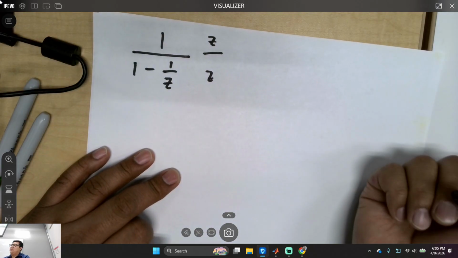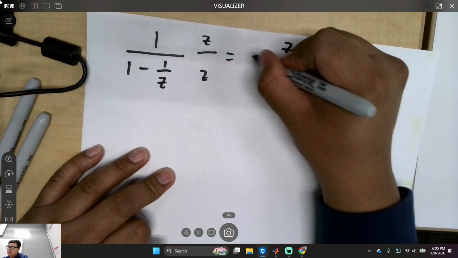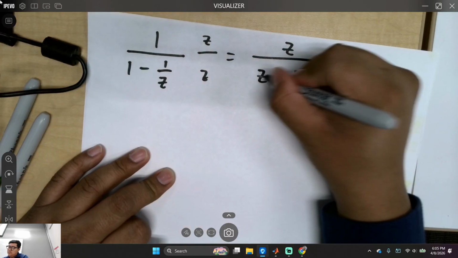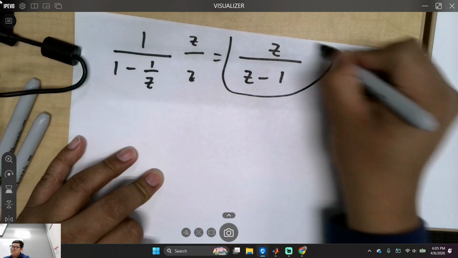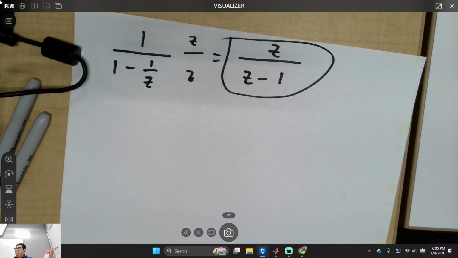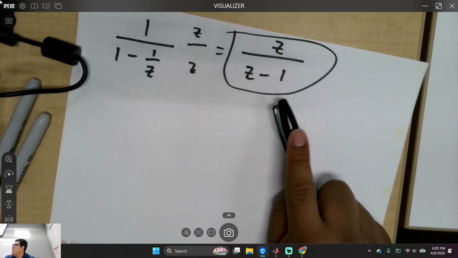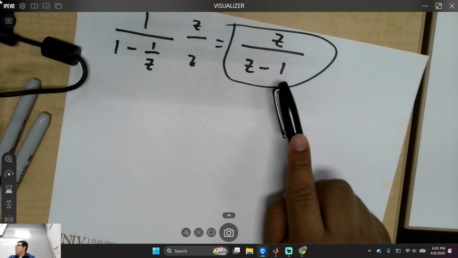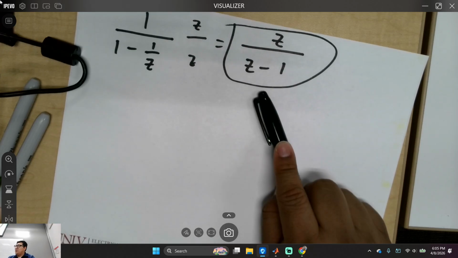Multiply by 1. That's your interview question. Okay? I'm proud of you guys, okay? But no, this is correct. For when you're drawing your zeros and poles, this is correct.